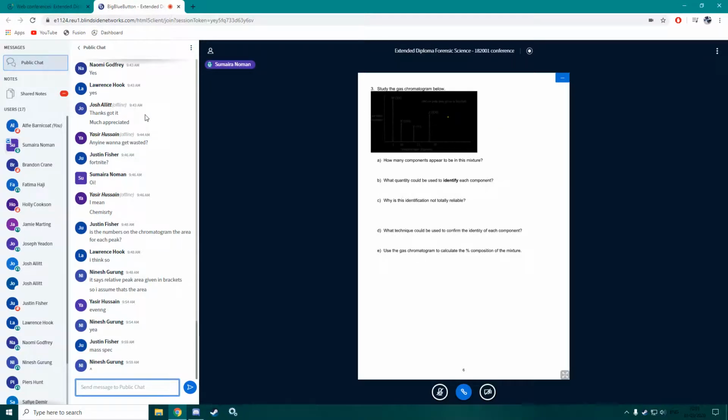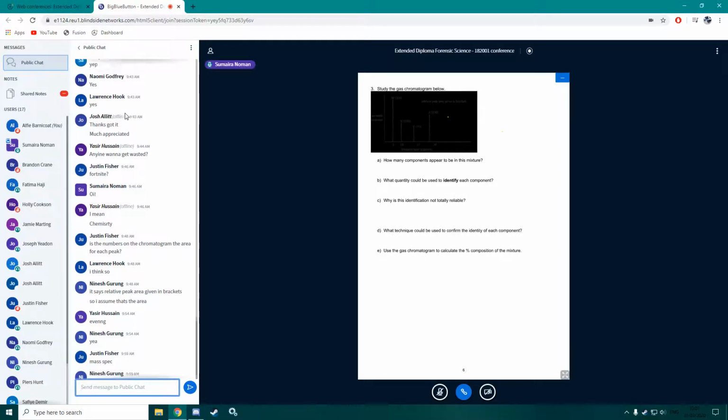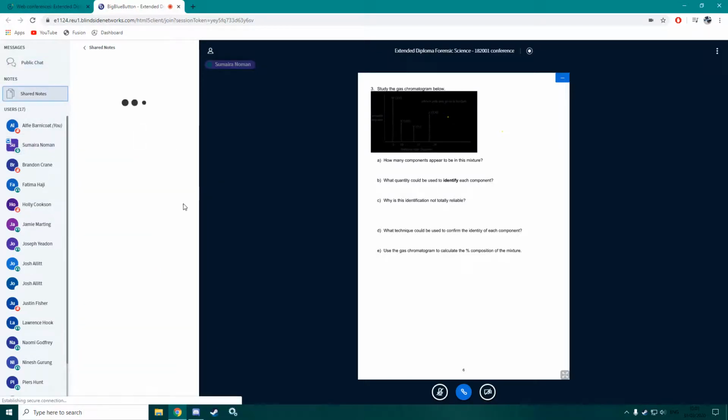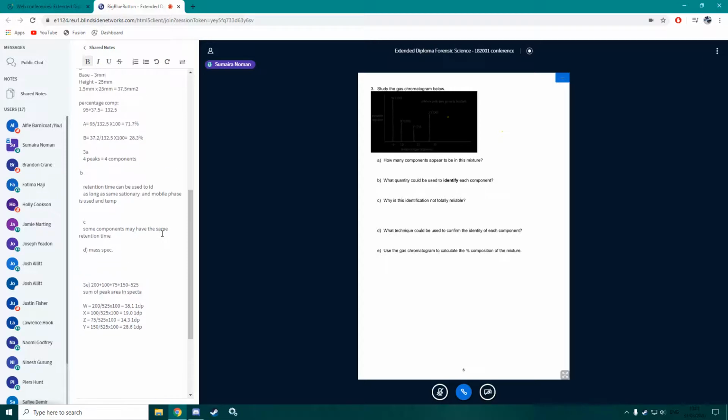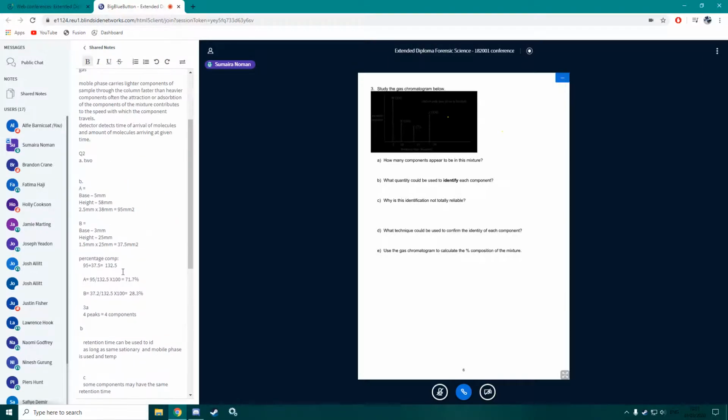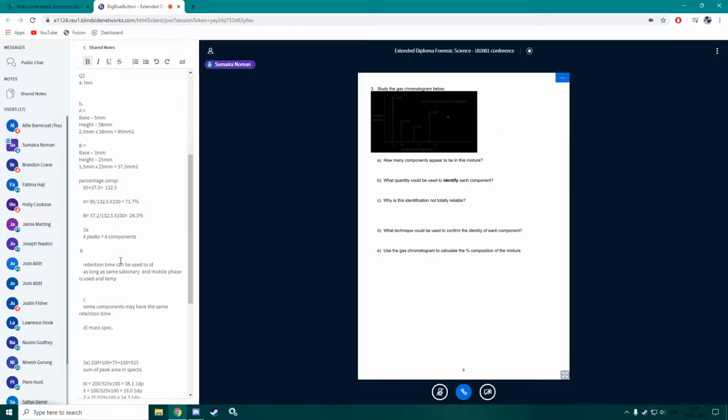Sum of peak area in spectra. Okay, so that's what's given above there. So anybody want to correct it? Is it correct? Anybody? Can you please check? Because I haven't.